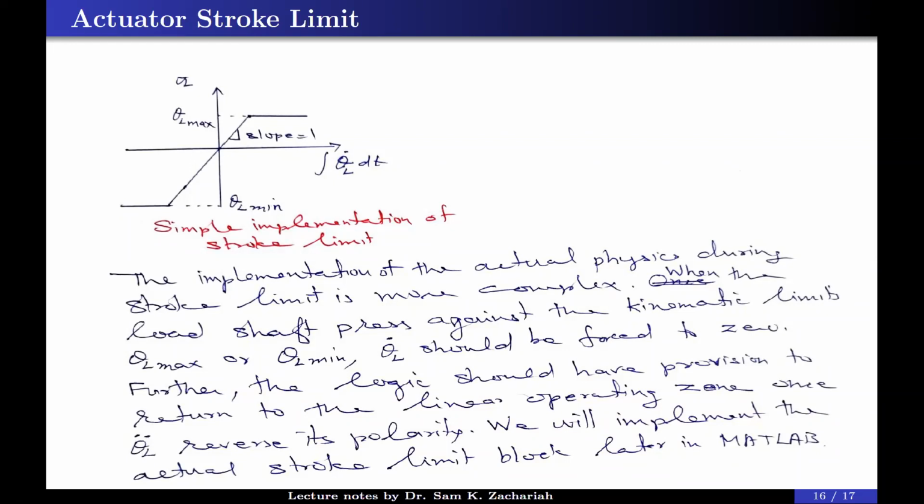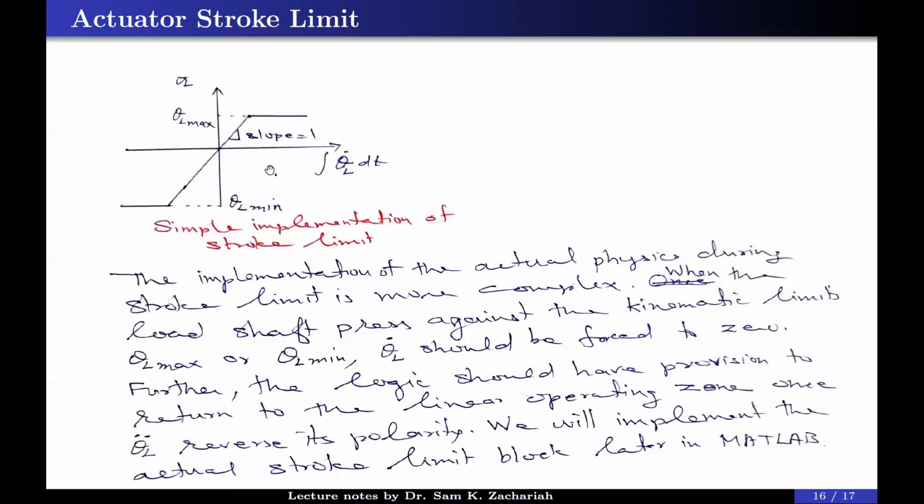Theta L. We are putting a positive limit. This much it can move. It cannot move beyond that. Otherwise, what I had to do is write theta L here, then limited theta L. That also is possible. But I want to draw your attention towards the cause-effect concept.